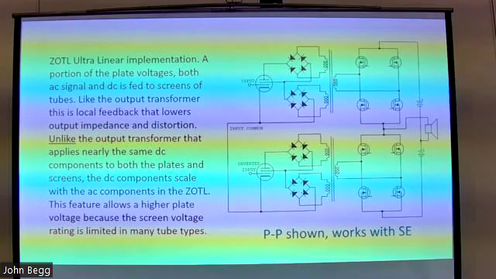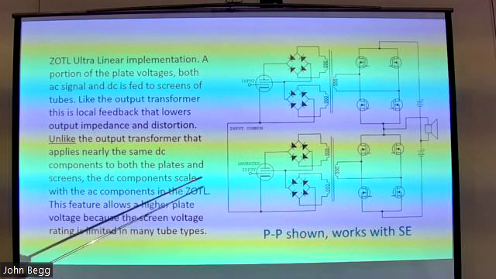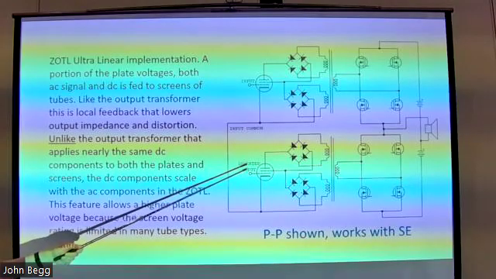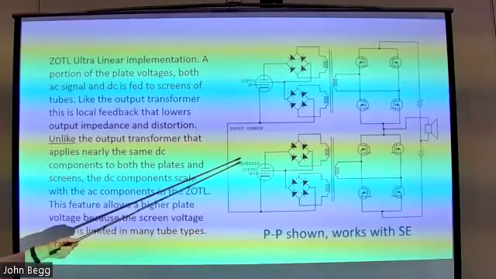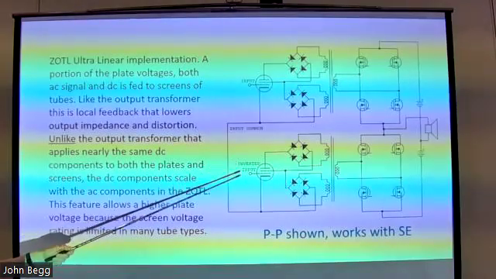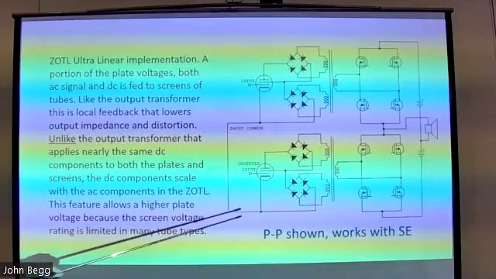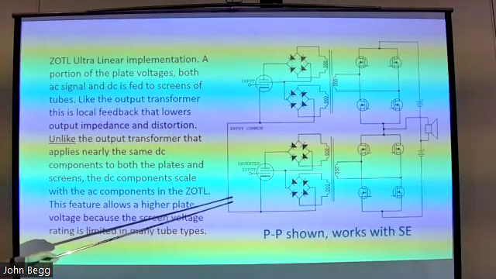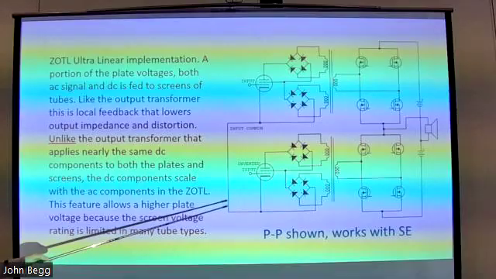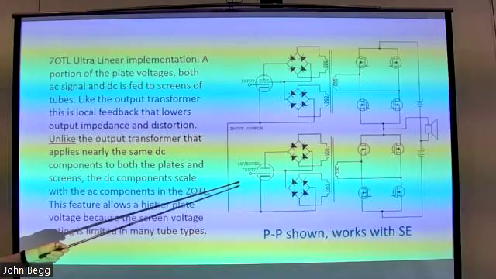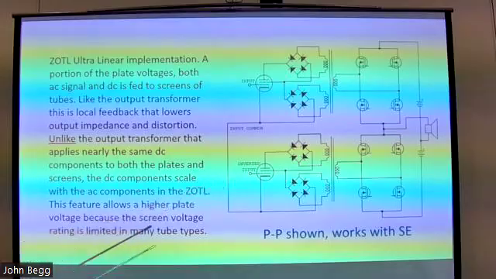So I do that normally, and I can use that scheme for doing the ultralinear. What I do is put, say, 8 of these bridges in series for the plate, and then I tap off maybe 4 bridges down and put half the voltage into the screen.